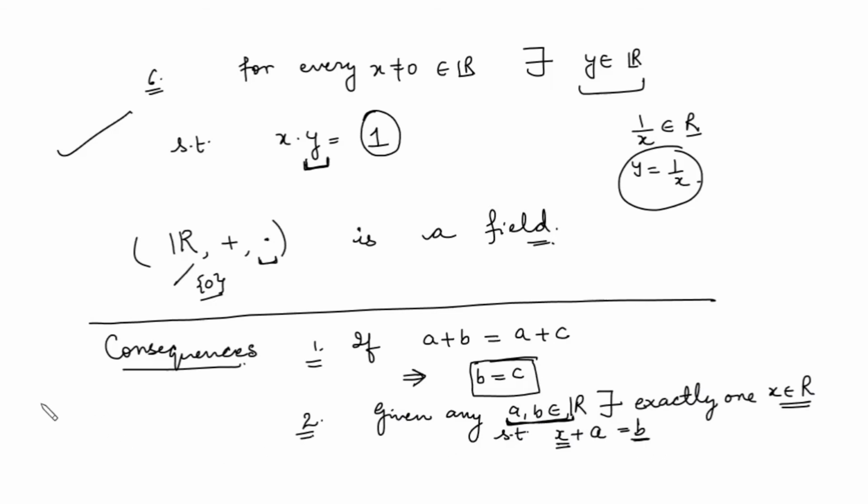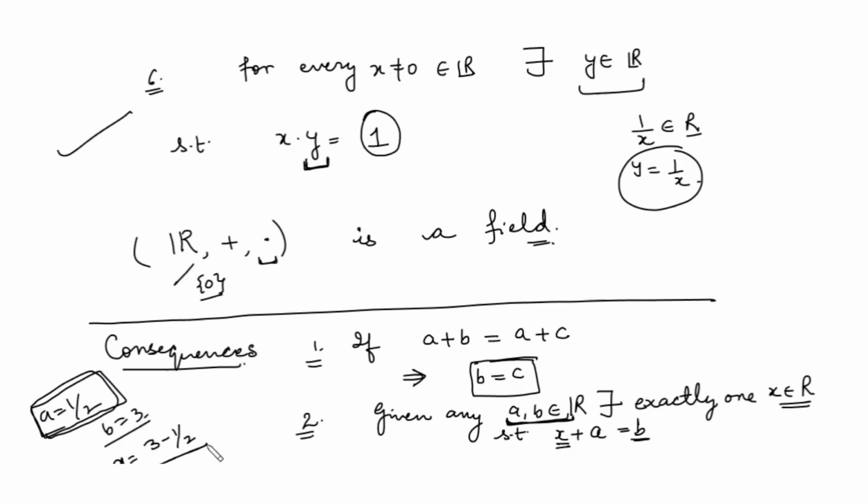For example, let's suppose we have taken real number a to be half and b to be 3. So what will be the value of x? Which number you will add to a, and that should be only one number, such that you will have b. So that will be 3 minus half.